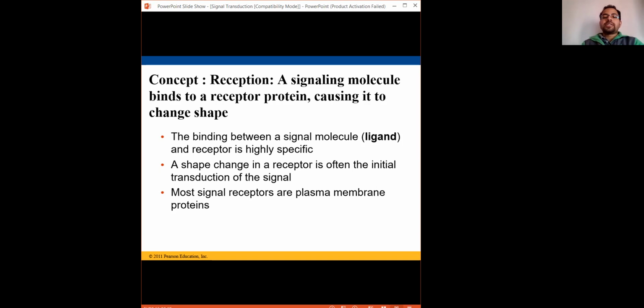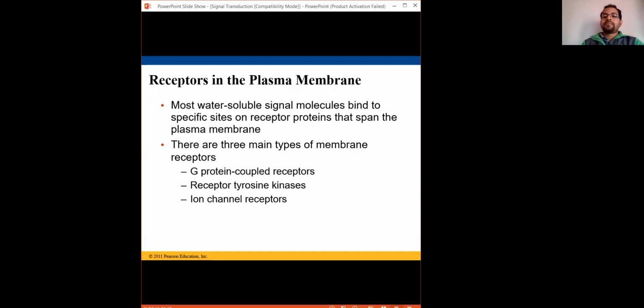Most signal receptors are plasma membrane proteins. Now we are going to check this kind of membrane proteins which are acting as receptors. Mostly three types of membrane receptors are found: G protein coupled receptors, receptor tyrosine kinases, and ion channel receptors.